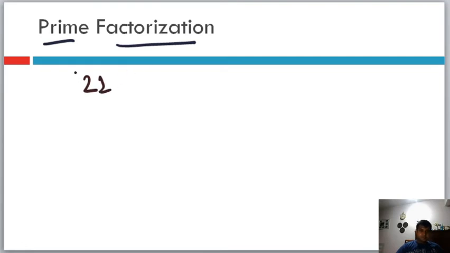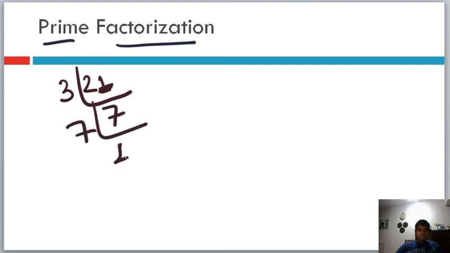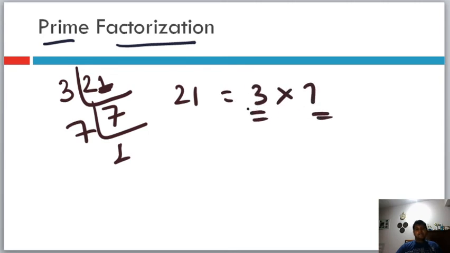It is not divisible by 2 but divisible by 3, because 2 plus 1 is 3, and this is why we learned the divisibility rules in the previous video. If you haven't seen that, it will appear somewhere here in the video, and you can click on it and go back to the previous video to see the divisibility rules. Then 7 1. So 21 is 3 into 7, and 3 and 7 are the prime factors.